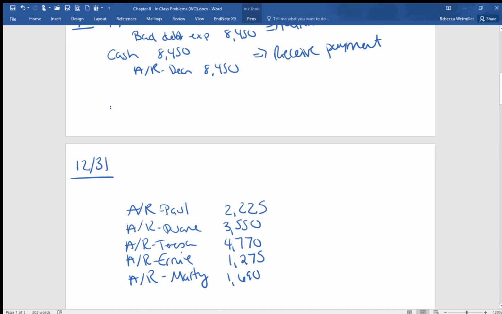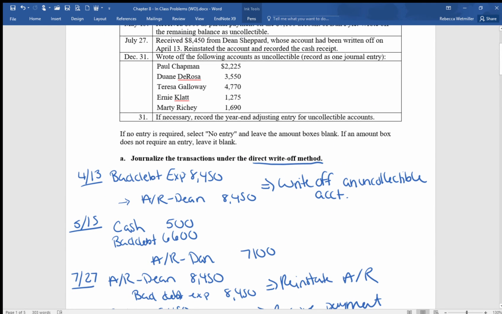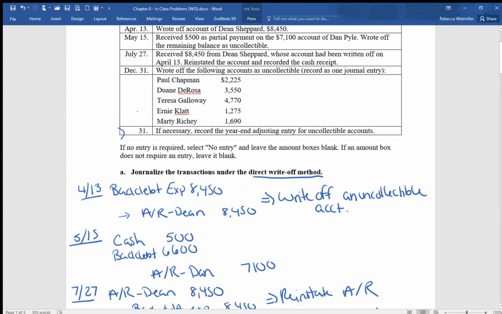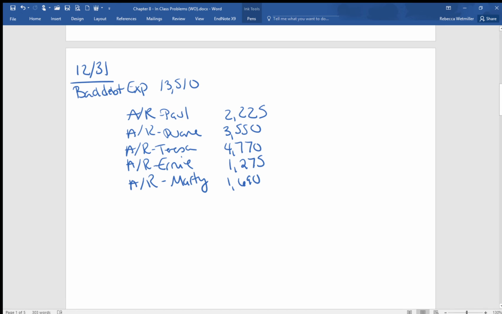Since they're an asset, we'll undo them by crediting them. And then the offset is going to be my debit to bad debt expense for the sum of all of those, which is $13,510. And then the second thing on December 31st right here says, if necessary, record the year-end adjusting entry for uncollectible accounts. We don't need to do that because we're doing the direct write-off method.